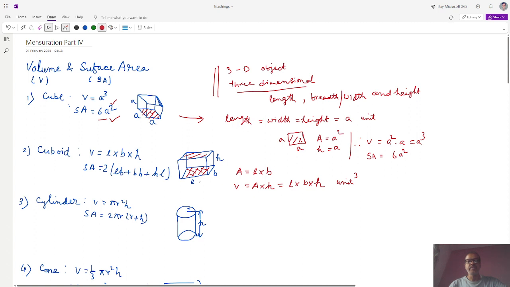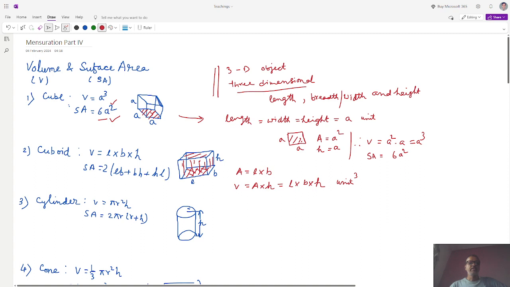So we can easily find out the area of the base and roof, and then the walls. The four walls are also rectangular in shape. Therefore, all faces of a cuboid are rectangular in shape.